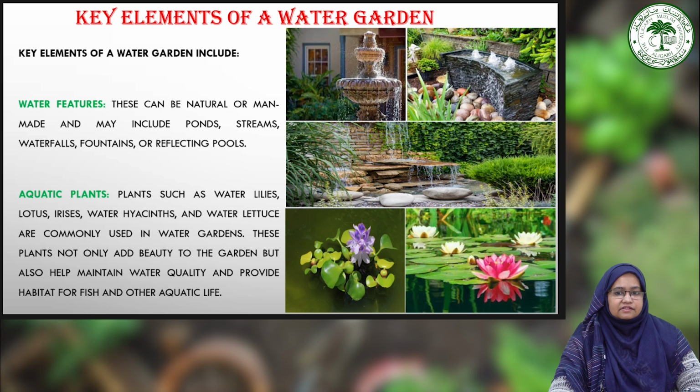These botanicals serve to enhance the garden aesthetics while also contributing to water purification and creating habitat for fish and other aquatic organisms. We can see this is the image of water hyacinth and this is the image of a lotus, and they beautify the space of a particular pond in the water bodies in any garden.